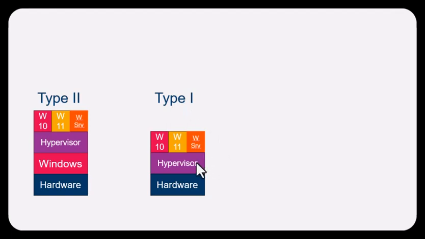Well, it appears to be a type 2 hypervisor, but actually what it does is slip underneath your Windows operating system. It slips a thin layer between hardware and your Windows, in my case Windows 11 operating system, so that the hypervisor is really a type 1 hypervisor in that case, even though it appears to be type 2.